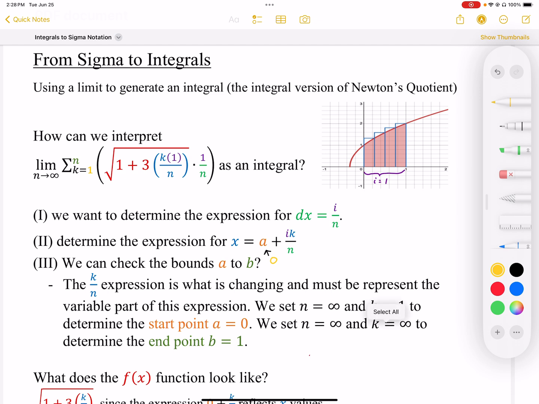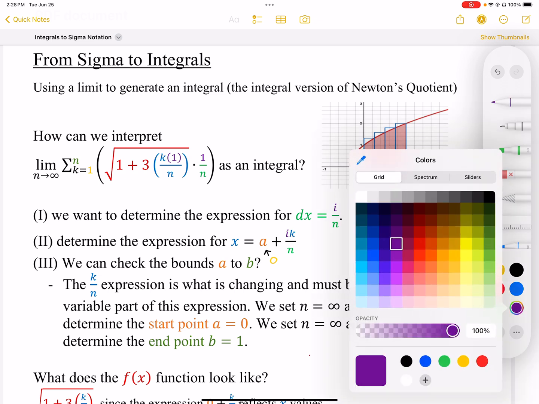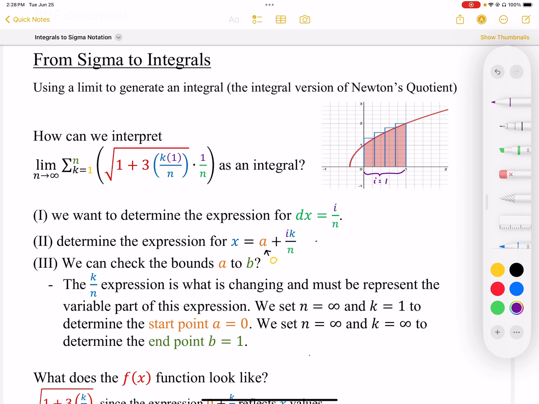In this case, since the interval width is 1, we're looking for expressions equivalent to 1k over n, where n is going to use a limit to become infinite. And when we look at our expression here, we can see that our x value is going to be this portion here, which I've highlighted in blue. So that's going to represent our x.